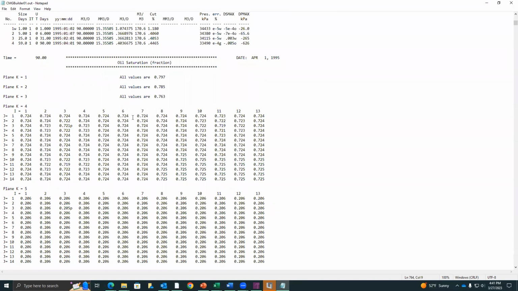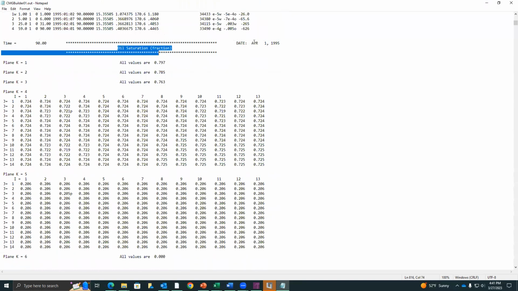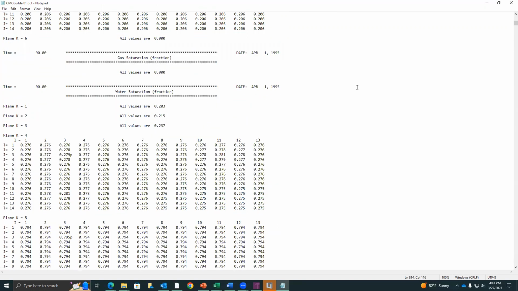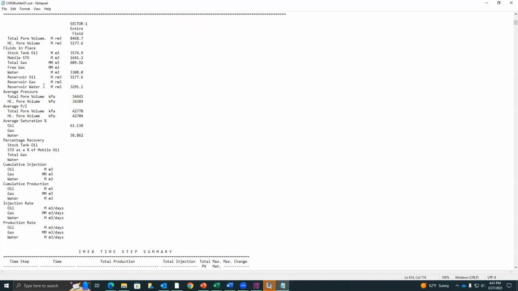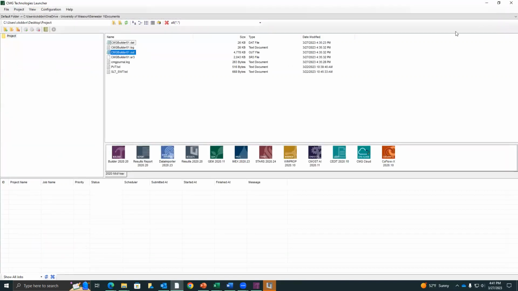And yeah, so this is actually where we have information for each layer for oil saturation for this date, April 1, 1995. The most important thing is finding this initial oil in place and then the initial gas, water in place. And then we have the log.